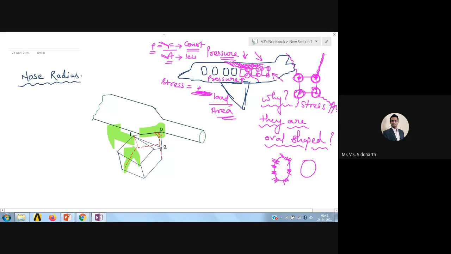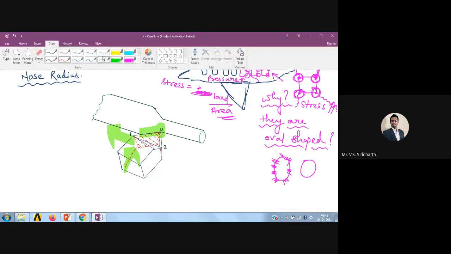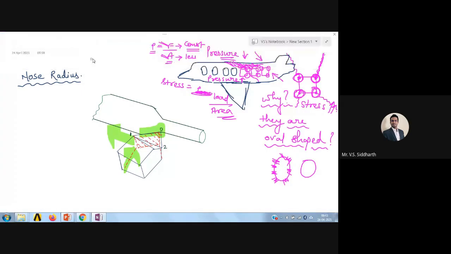This red part is what? Tell me. And this green part is what? First you tell me the red. Hemant Nayak, you see, I have shown it with dotted lines.